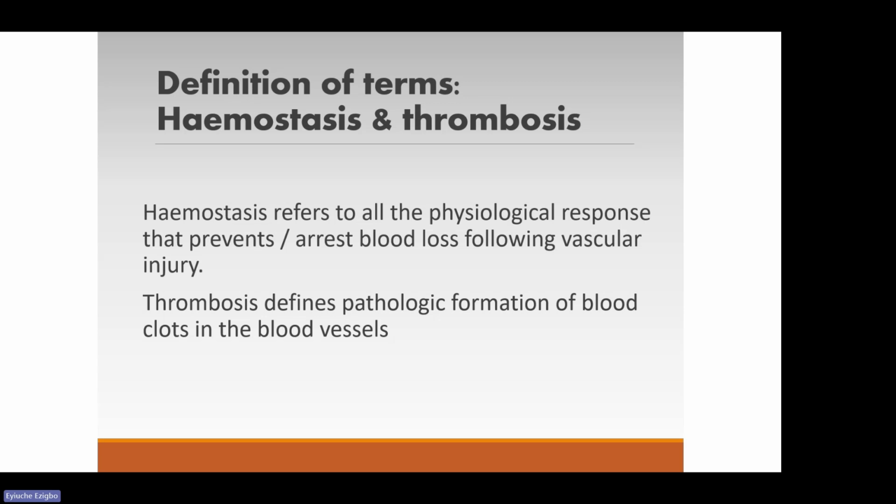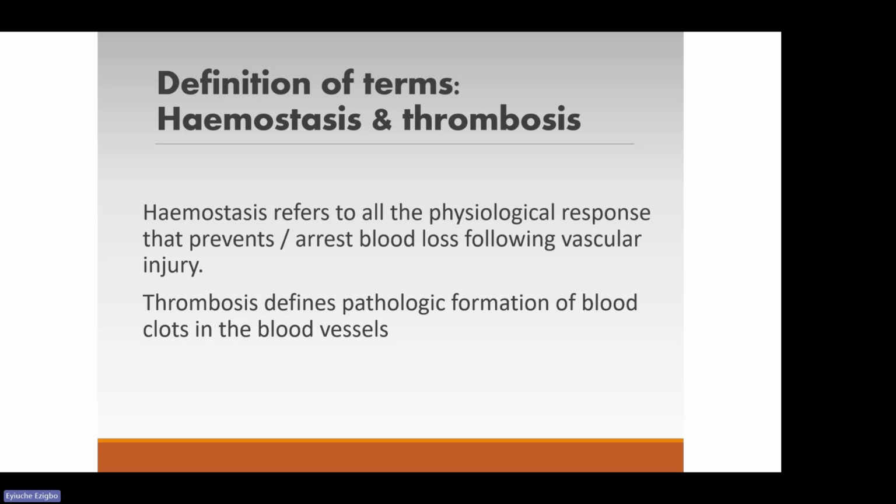Pathologic in the sense that that clotting is not needed at that particular time. Take for example, because of the deposition of fats in the blood vessel walls and narrowing of the blood vessel, we may have plaque formation, with blood clots forming inside the blood vessels, and this can obstruct blood flow to some of our vital organs, cutting off these organs from the supply of blood.